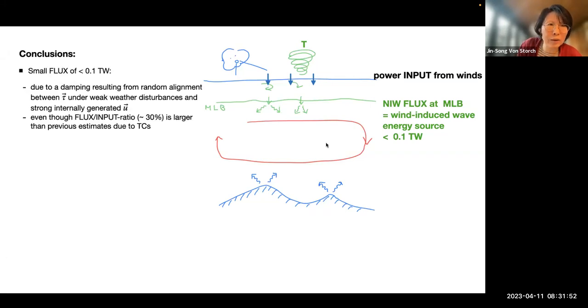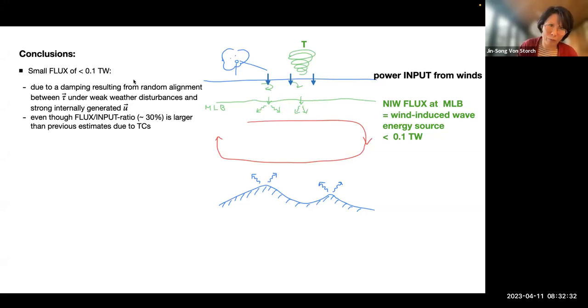And this smaller value comes from this damping effect and eddy killing effect that results from the random assignment between wind stress we got under weak weather disturbance and a strong internally generated current. The currents reflect this meandering and eddying feature, which are induced by the internal dynamics, which has nothing to do with wind stress.